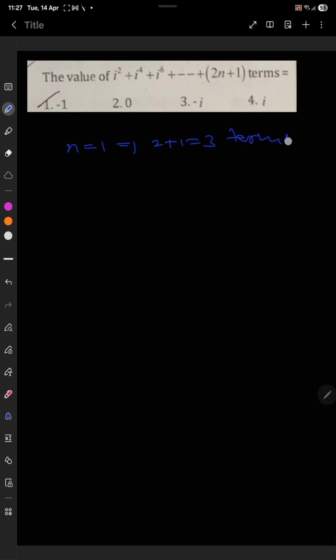Now we find the sum of first 3 terms, that is i square, i power 4, i power 6. i square is minus 1, i power 4 is 1 and i power 6 is i square. Minus 1 plus 1 cancel, i square is minus 1. So first option is the right option.